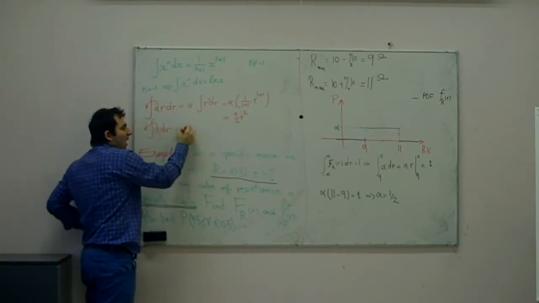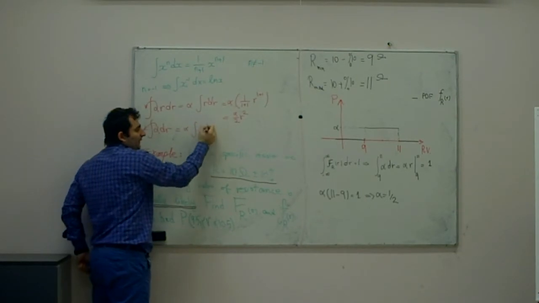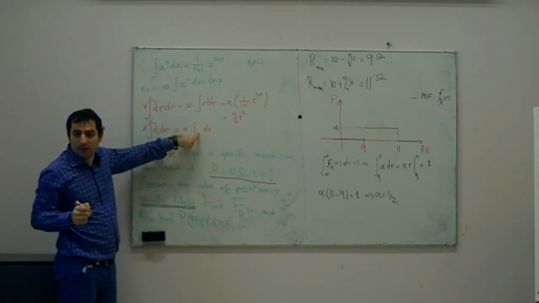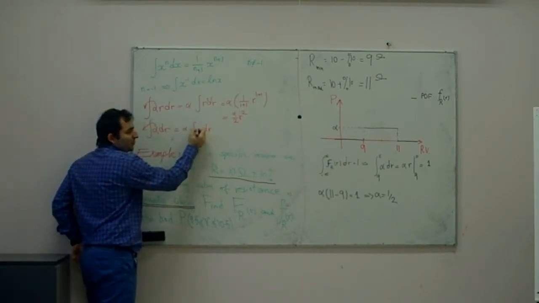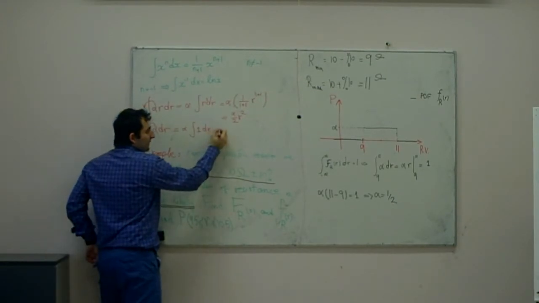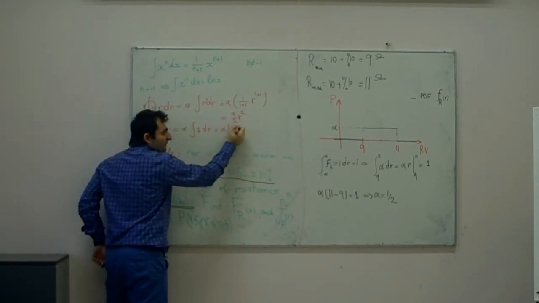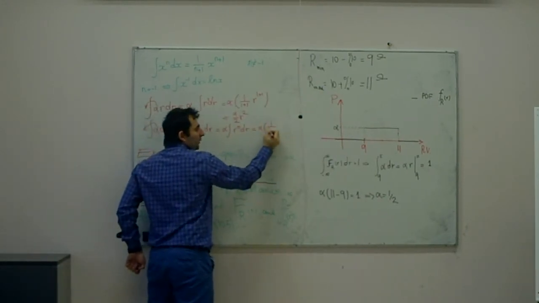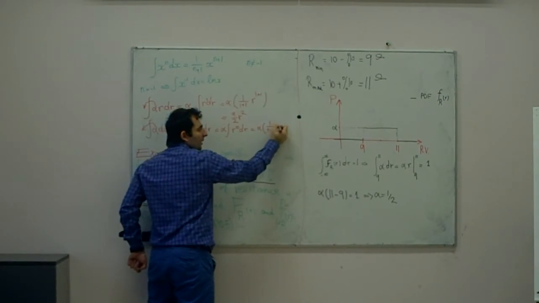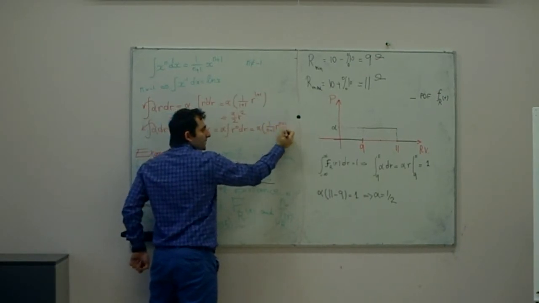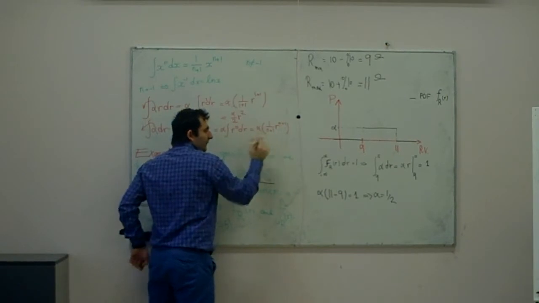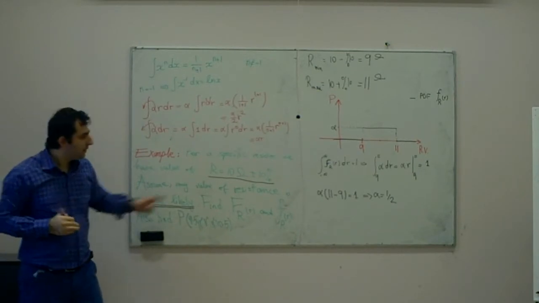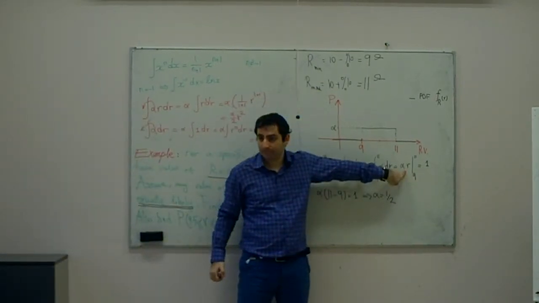So I will have alpha times the integral of dr. Can you tell me what the value of n is here? 0, because this is 1, right? This is alpha times the integral of r to the power 0, which is 1, dr. So it will be alpha multiplied by 1 over 0 plus 1 multiplied by r to the power 0 plus 1. So it will be alpha r. Right? So this is how alpha r came.